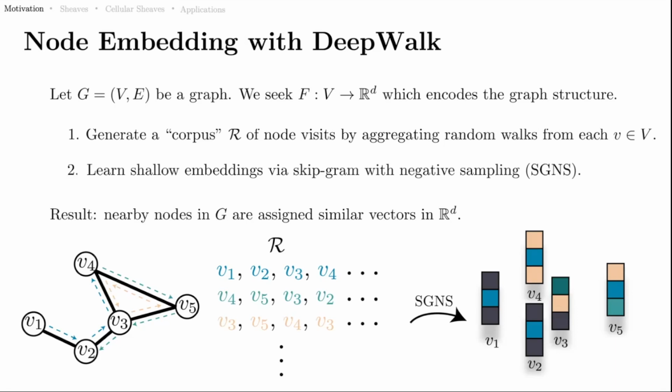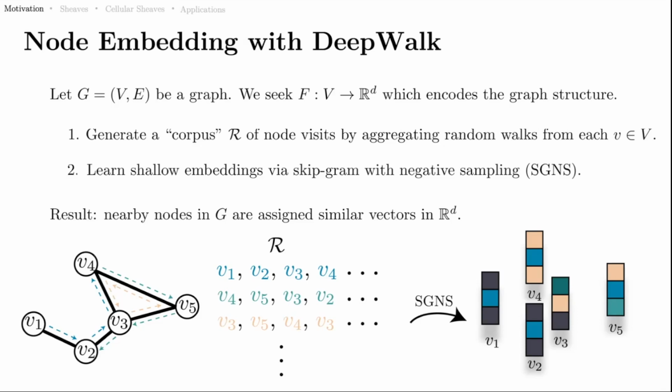To actually perform this node embedding, DeepWalk generates a corpus of node visitations, where we start random walks from each vertex in V and keep track of all of the nodes that were visited along this random walk.